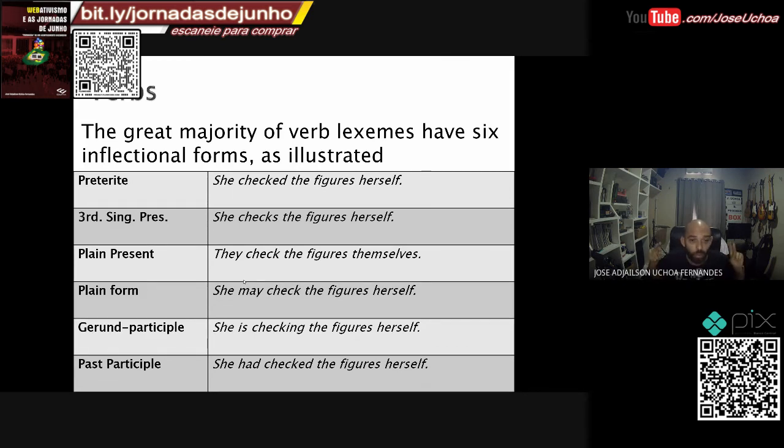Plain form é quando você usa o nome do verbo, geralmente nessas estruturas que têm esse aspecto do infinitivo. Plain form é o que normalmente se chama de infinitivo sem to, tá? Porque esse to de I like to play the guitar é porque who likes something or likes to do something.